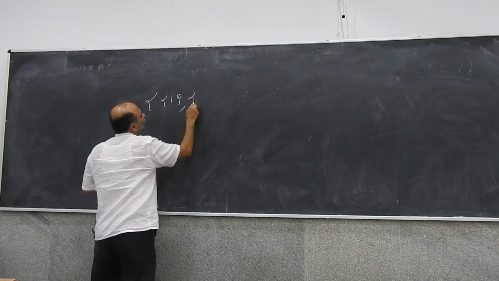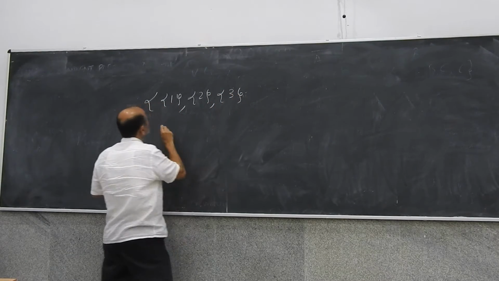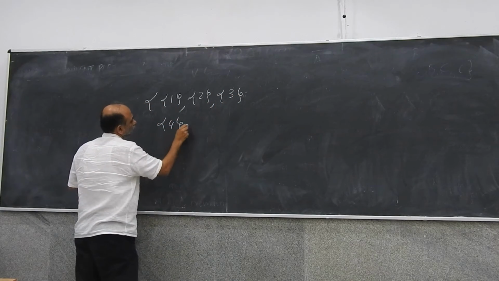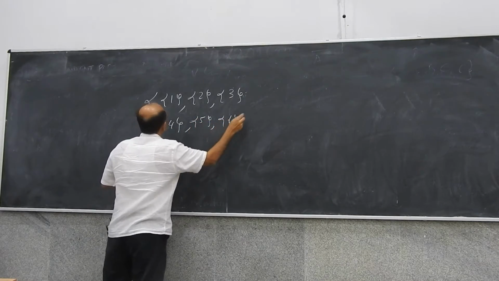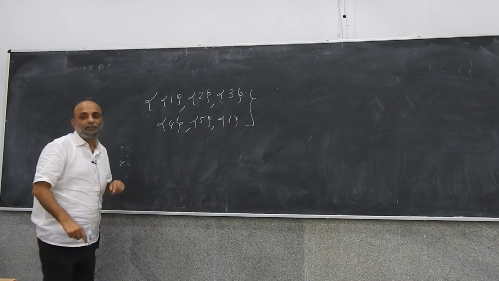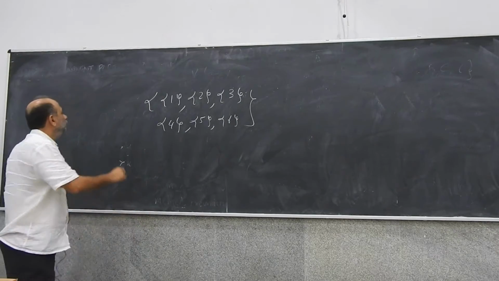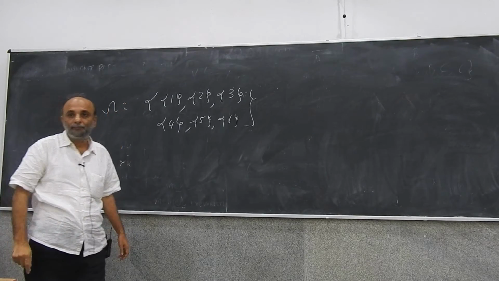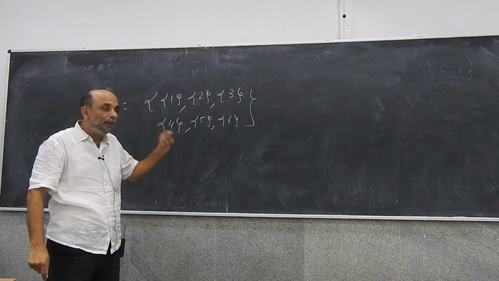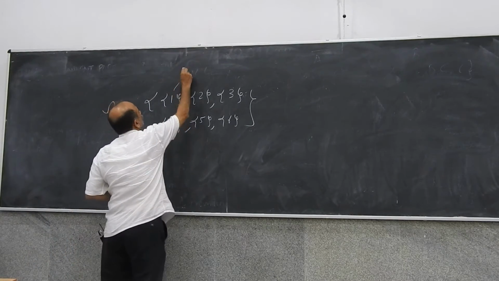So now suppose, what are my possible outcomes? This is the set of all possible outcomes. We represent that by omega. Okay? If you get 1, how much money do you get? 1.